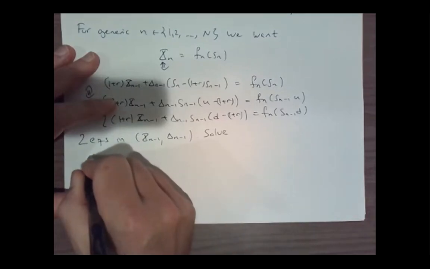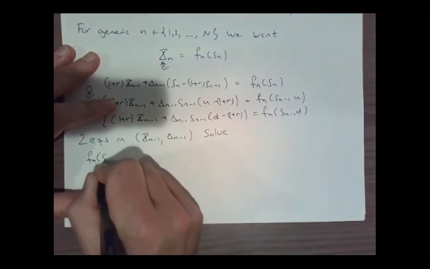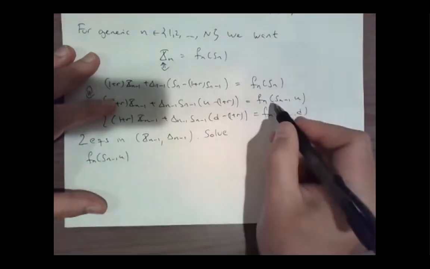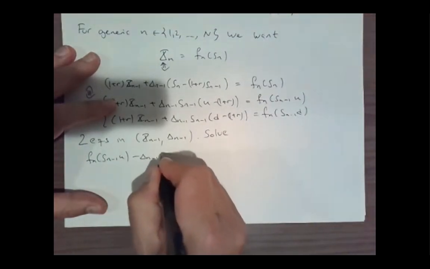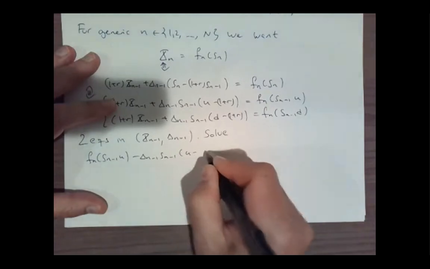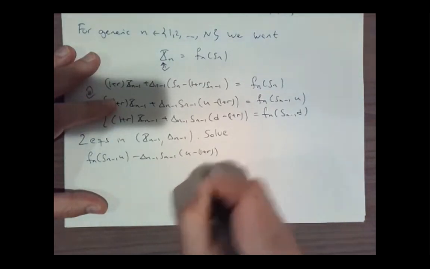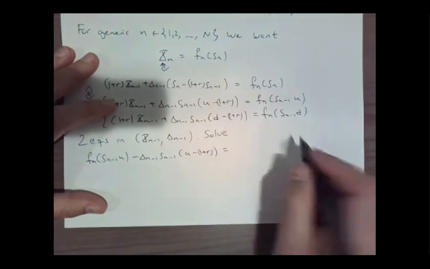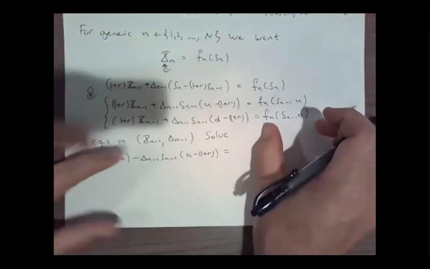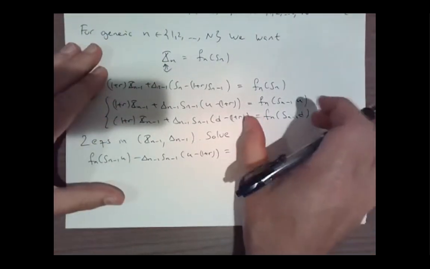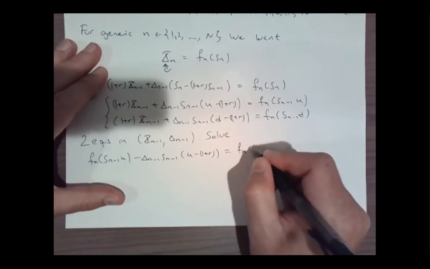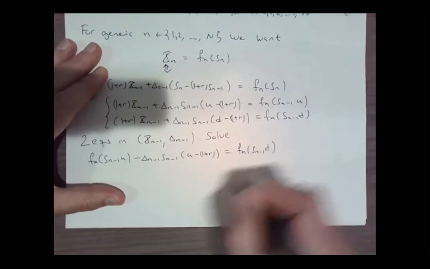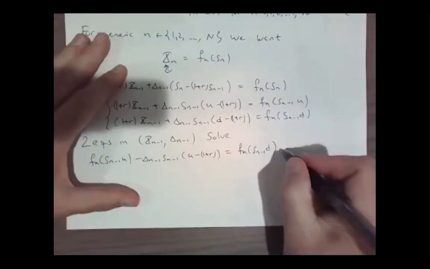So we'll get f_n(S_{n-1} u) minus delta_{n-1} S_{n-1} times u minus 1 plus r. This needs to be equal to, like this term here is common, on the other side, f_n(S_{n-1} d) minus this term.